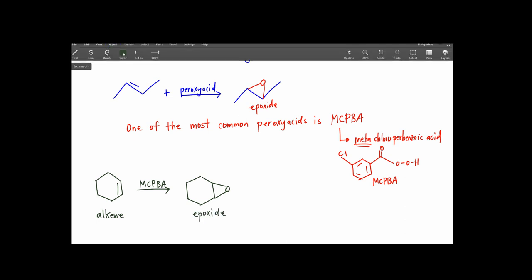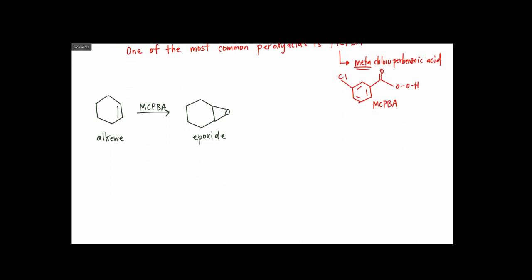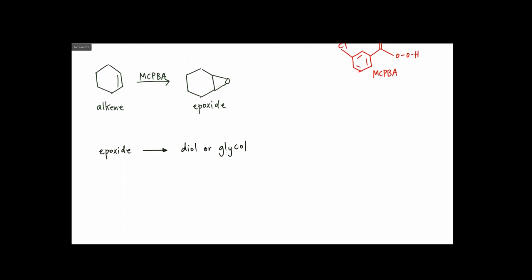Now, along with this reaction, we can take the epoxide and make a diol, or the same thing. A diol is another name, is glycol, G-L-Y. Okay, so let's take the epoxide that we made.